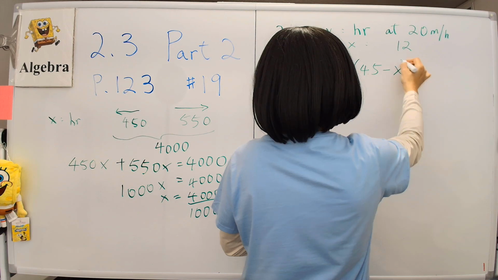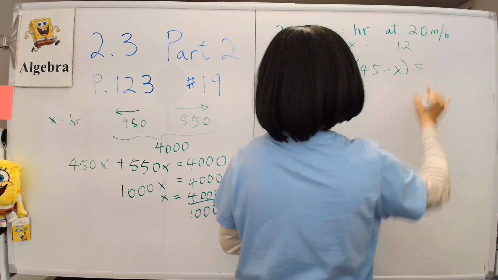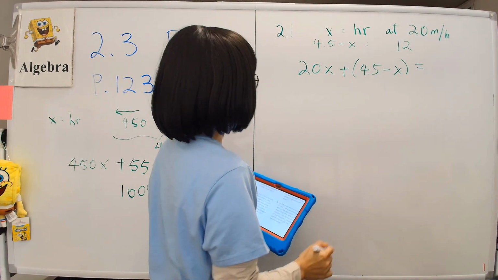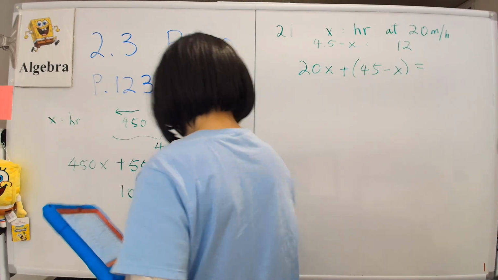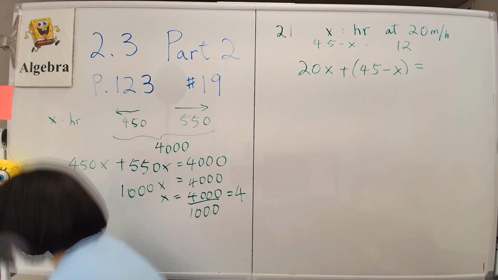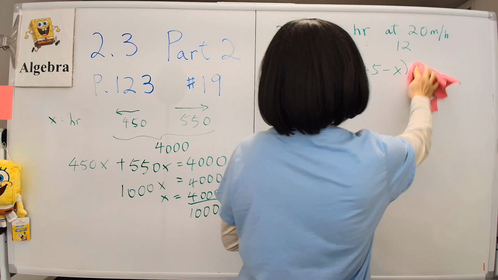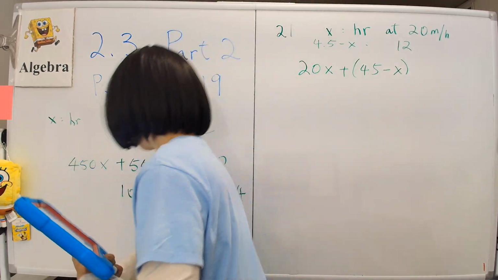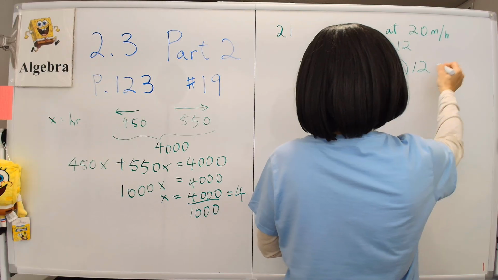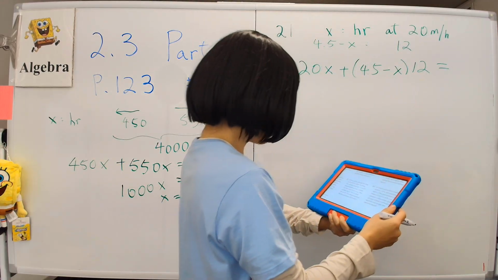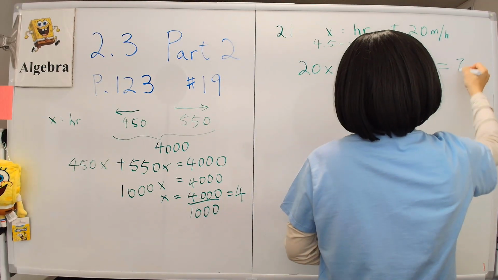That's for the 12 miles per hour. I need to write that down. This number will be multiplied by 12 because that is the miles per hour. And together with these two, she traveled a total of 70 miles.